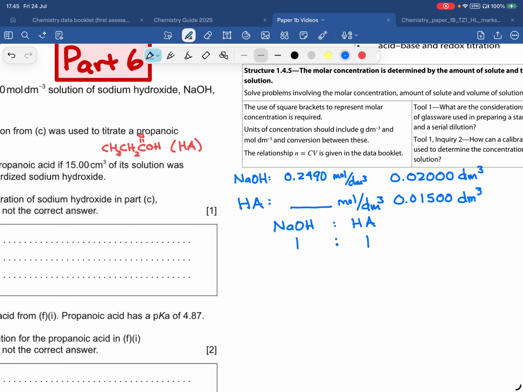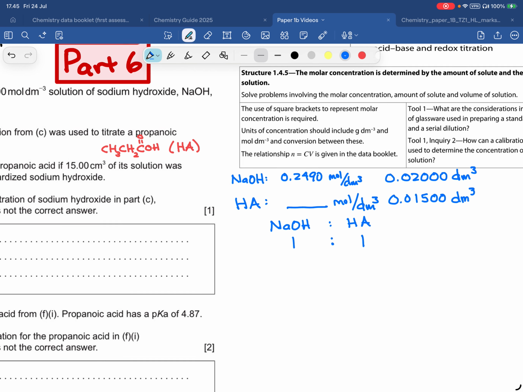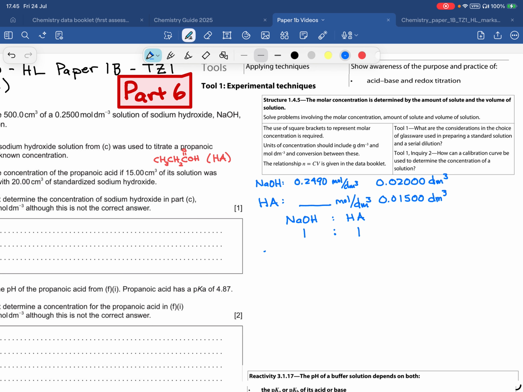Okay, they're going to give you a monoprotic acid. It's going to be a 1-to-1 ratio. Okay, now if you're the kind of person who just can't be satisfied with that, then the actual equation is going to be propanoic acid plus sodium hydroxide is going to make water plus sodium propanoate. And it is, in fact, a 1-to-1 ratio.